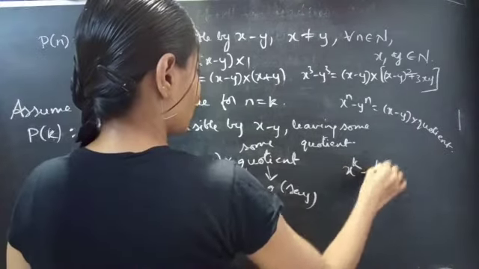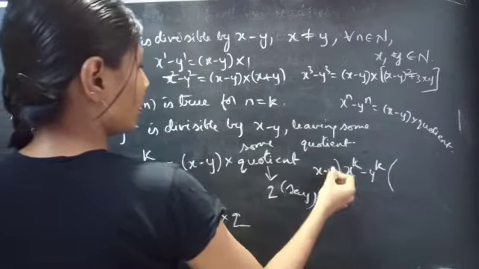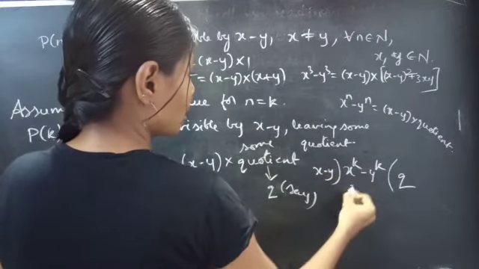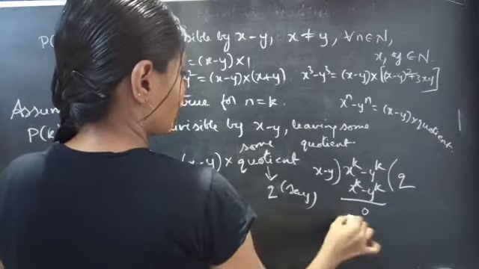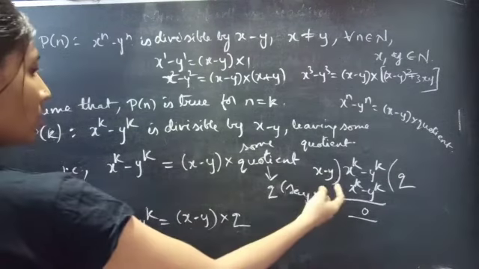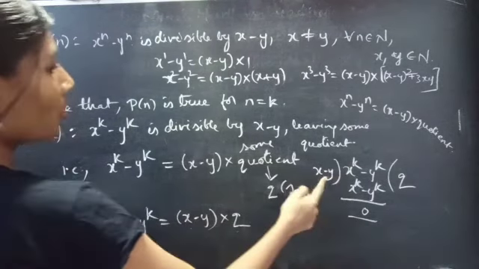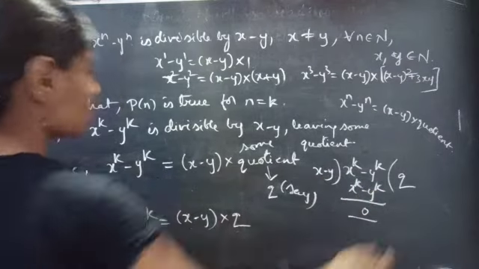Just imagine. So (x minus y) into some quotient gives x power k minus y power k with remainder 0, right? So you can say that x power k minus y power k is divisible by x minus y, leaving quotient q.